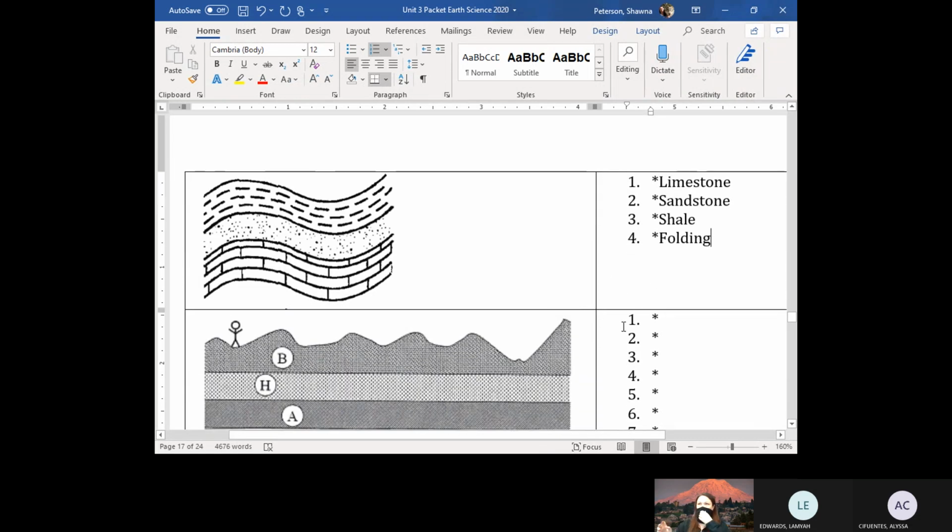You can delete the stars, that's fine. It's just easier for me to not. All right, so that's where you should be in your notes.